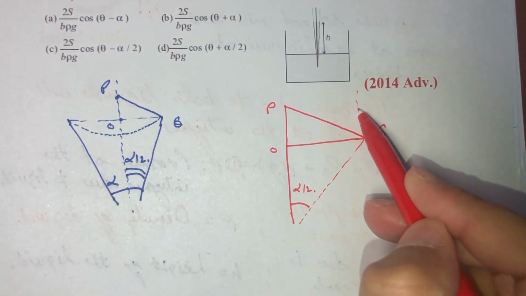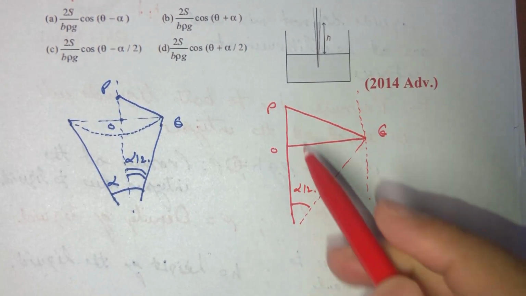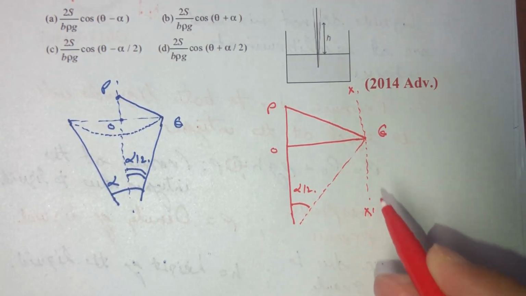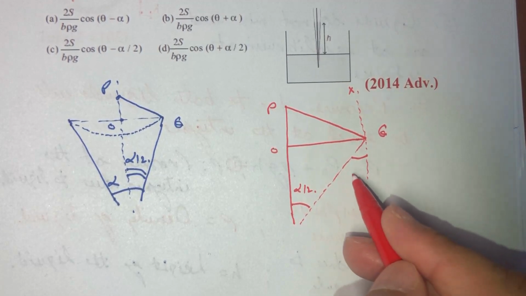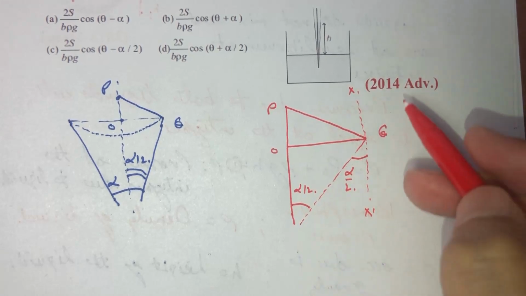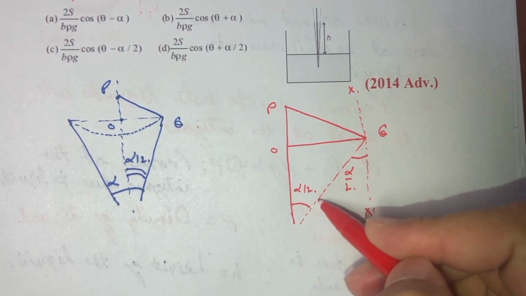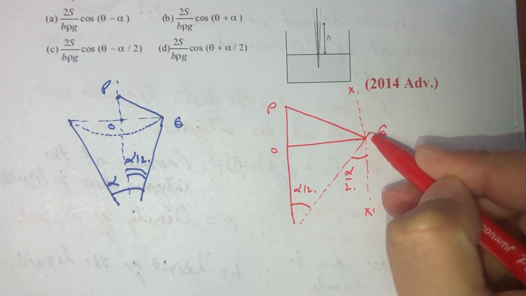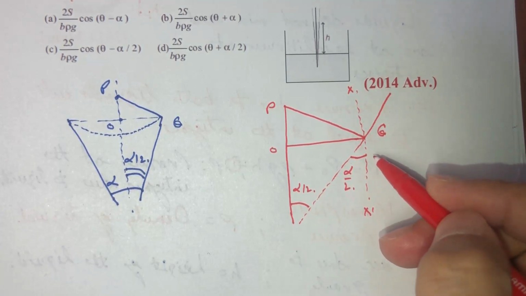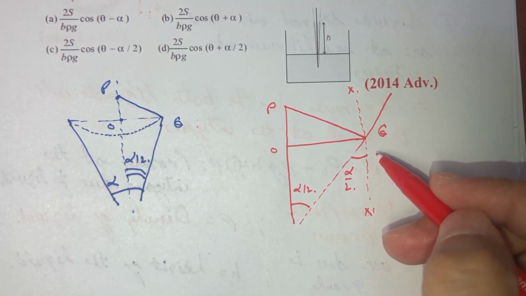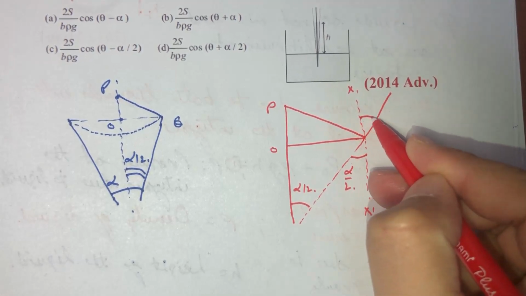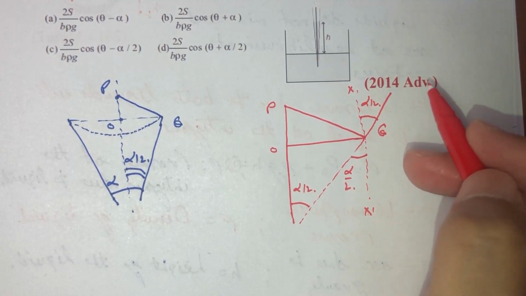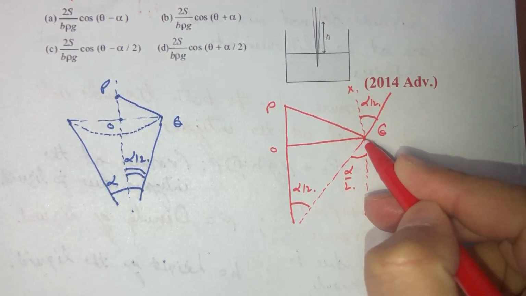Let us draw a vertical line parallel to this vertical axis, calling this x prime. So this angle will be alpha by 2, and let us extend the other edge of the cone in this way, and with the vertical this angle will also be alpha by 2. It is given that the angle of contact is theta.